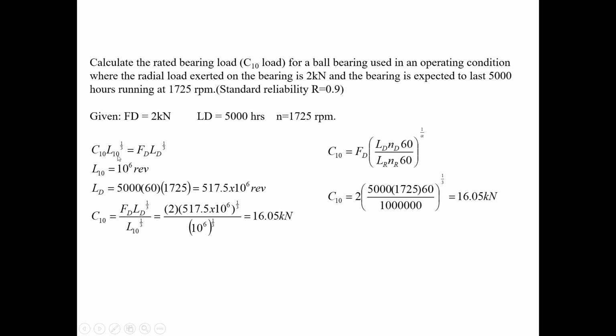It's the same method. L10 is always a fixed value, and then the calculation for LD: 5,000 hours, 60 and the RPM. Substitute inside and you'll get the C10 answer. So one side is the fixed one from the catalog, and this one is from the desired input. So we get C10.